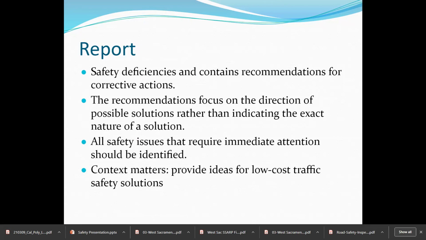All safety issues that require immediate attention should be identified. And then context matters, because a lot of the time you might be recommending a solution that might be cost prohibitive for the stage of the project or for that location. So it's always a good idea to identify some low cost traffic safety solutions, because they're most likely to be implemented.